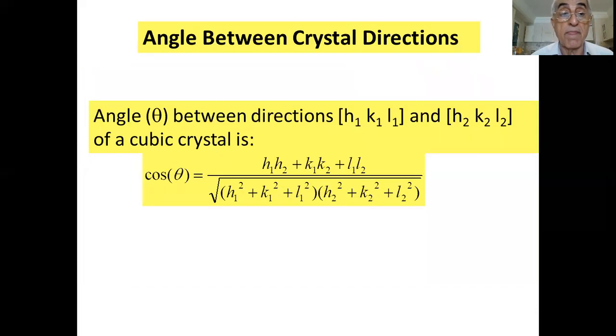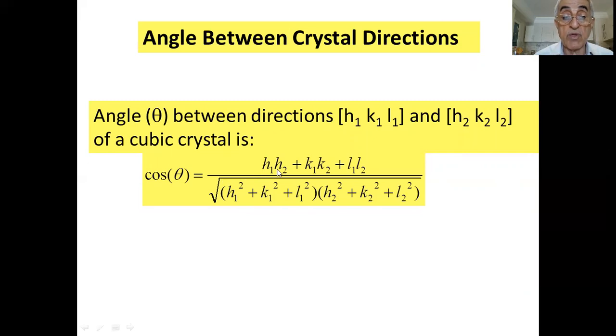Angle between crystal directions: the angle theta between directions h1, k1, l1 and h2, k2, l2 in a cubic crystal is given by cosine theta. This is a very important equation. It determines the angle between the directions, and can be remembered easily.